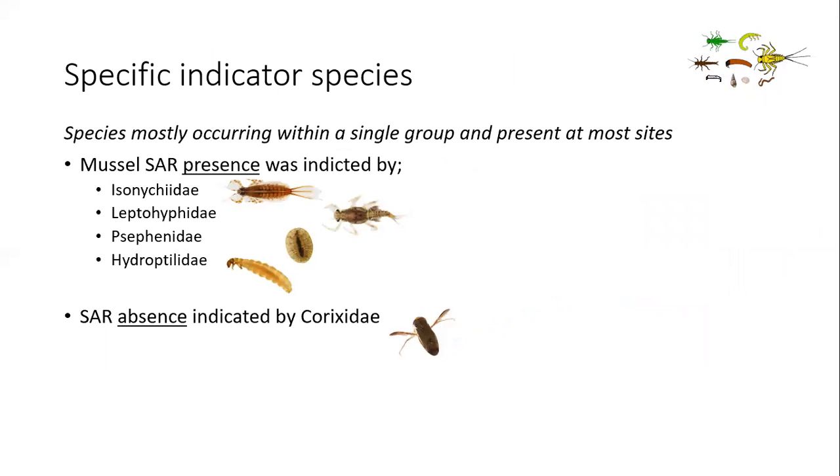But certain taxa were indicative of mussel species at risk presence or absence, as identified by using an indicator species analysis, which identified taxa present at the majority of sites within a single group. And so 4 invertebrate families representing multiple orders and functional feeding groups indicated the occurrence of species at risk, while the presence of Corexidae indicated the absence of mussel species at risk.